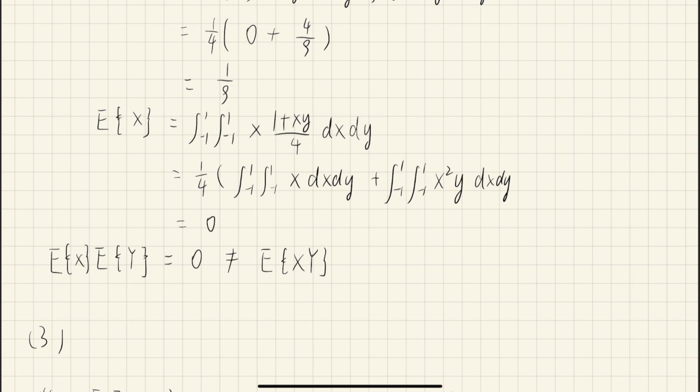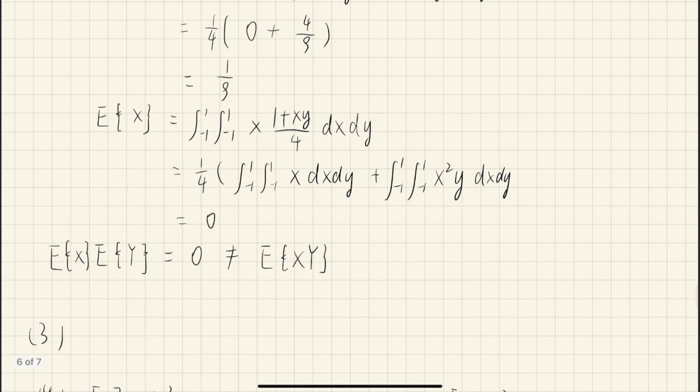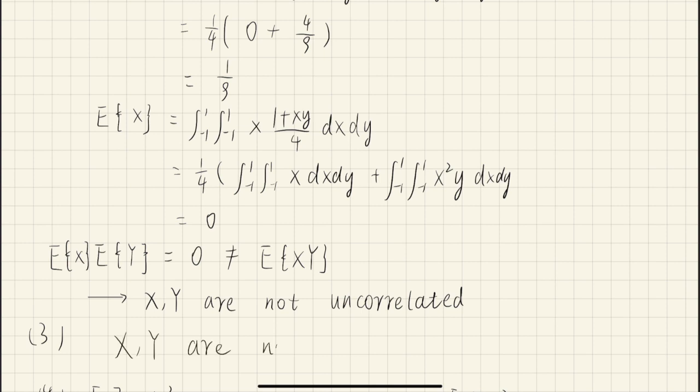Because they are not equal, we know that X and Y are not uncorrelated. And because they are not uncorrelated, we know that X and Y are not independent.